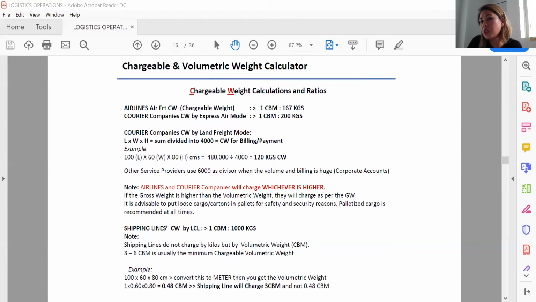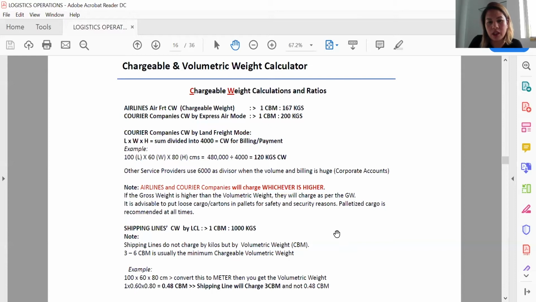The airline will be charging you 1,002 kilos, but the shipping line will charge you 6 CBM, which is in reality 6,000 kilos or 6 tons. But again, as I said, the shipping lines, this APL, Maersk Line, they don't charge us per the weight. They charge us per the volumetric weight, minimum 3 to 6 CBM. I hope I have not lost you there.